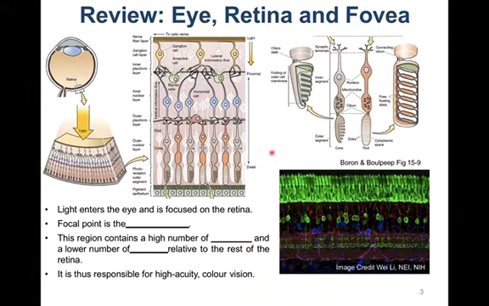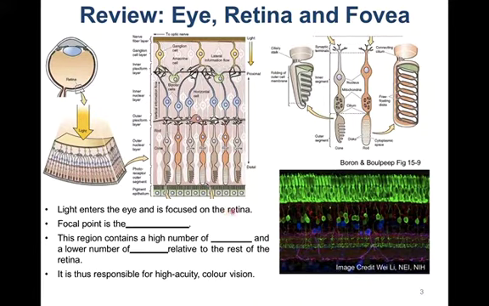The first cells that are activated here are the photoreceptors, and those signals are passed to the bipolar cells and ultimately the ganglion cells. We know that horizontal cells and amacrine cells are also here. Horizontal cells are important for lateral inhibition, I hope, is the answer that you would give me.